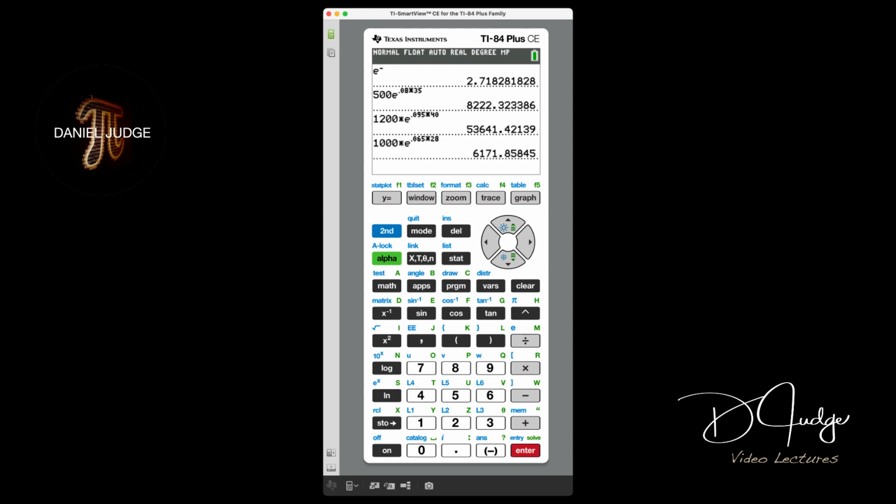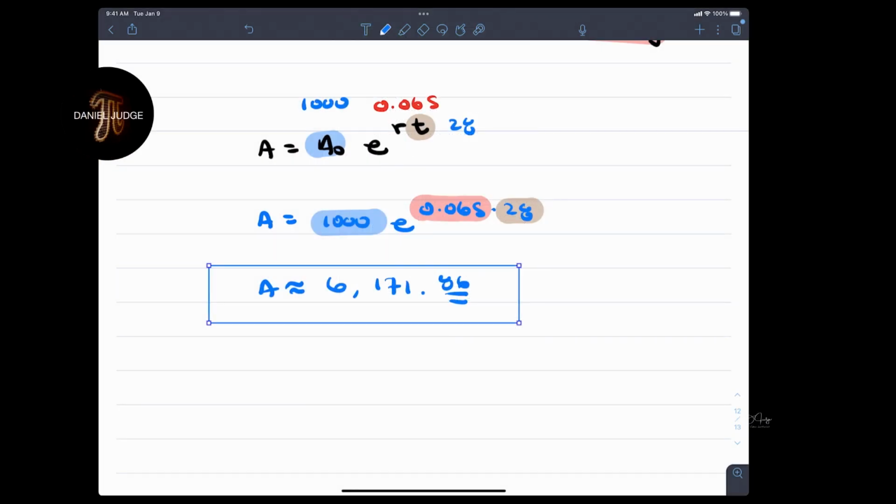And ladies and gentlemen, $6,171.86. And this is what we get. Here it is. And that's the investment of $1,000 at 6.5% interest for 28 years becomes this $6,171.